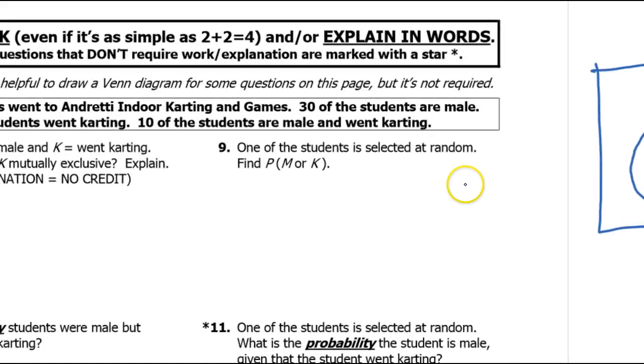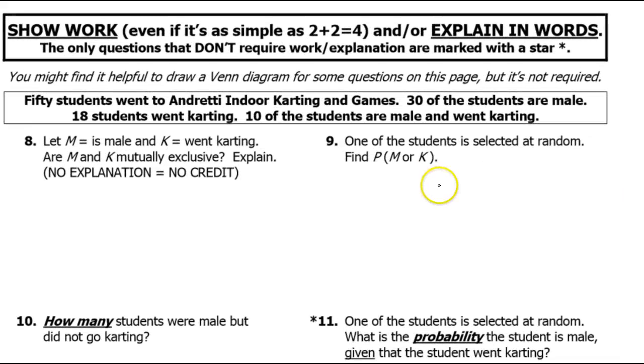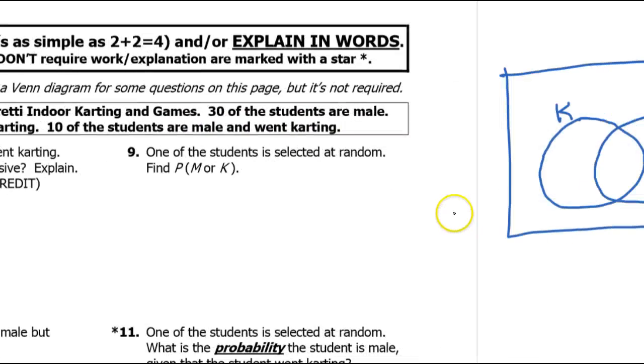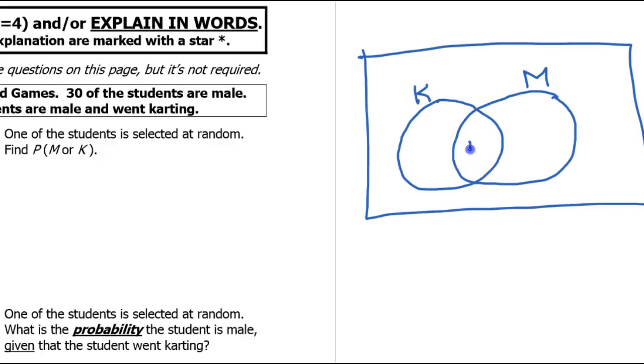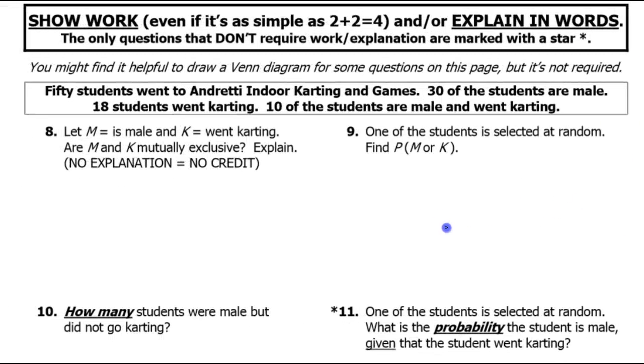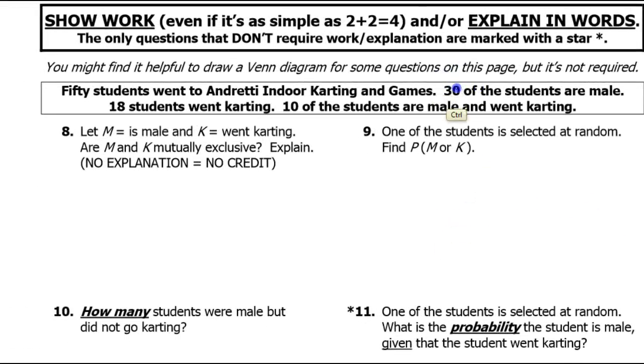It's always best to start with the overlapping number. So 10 students are male and went karting. So that's the overlapping number right here, all right? They're male and they went karting. Okay, now I'll do the rest.